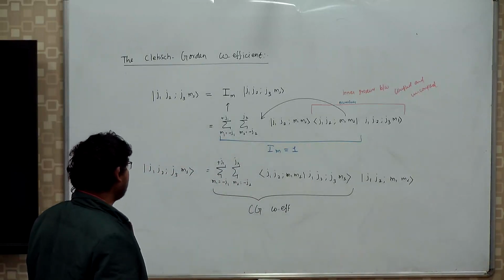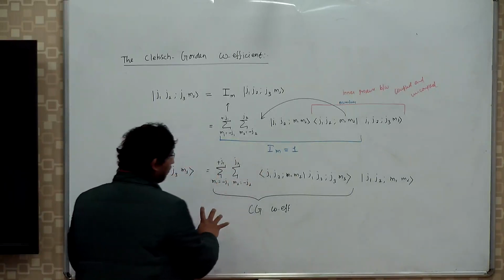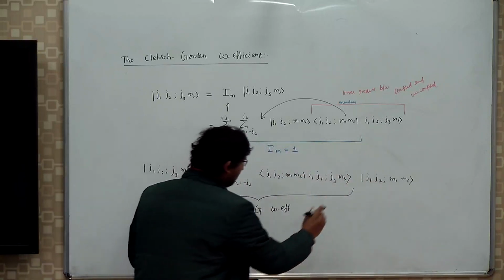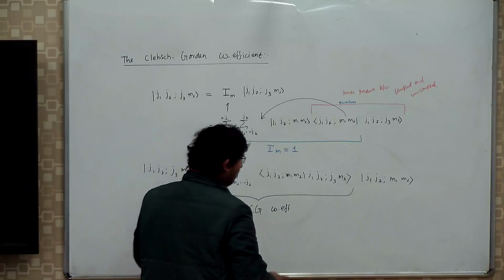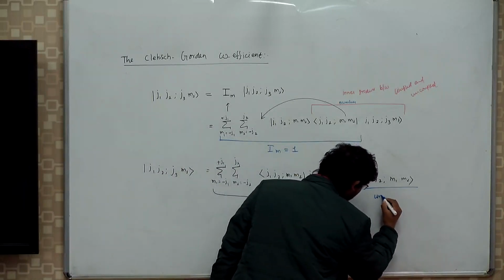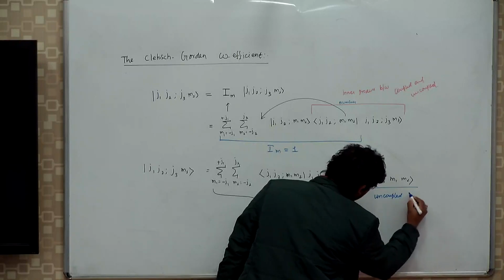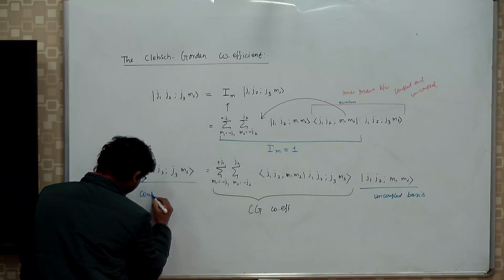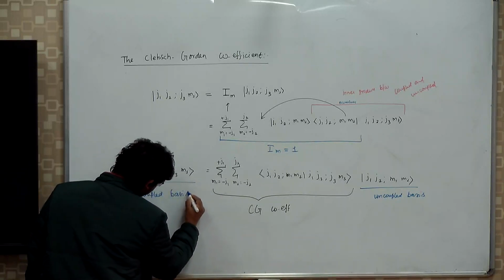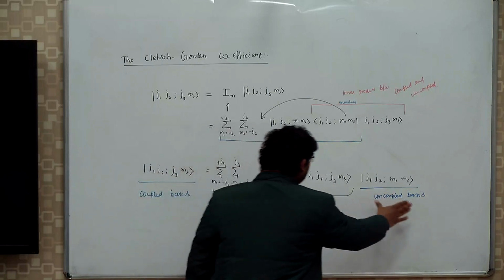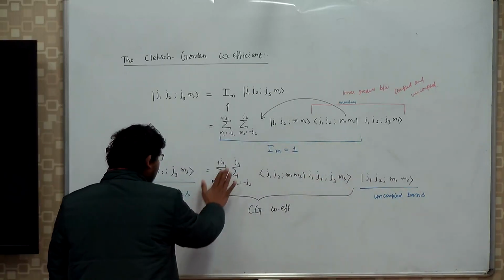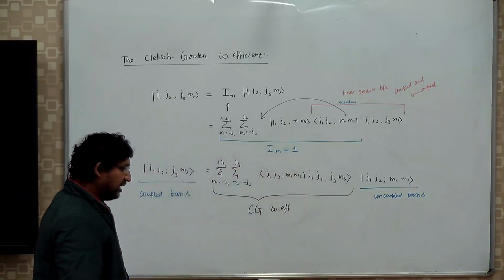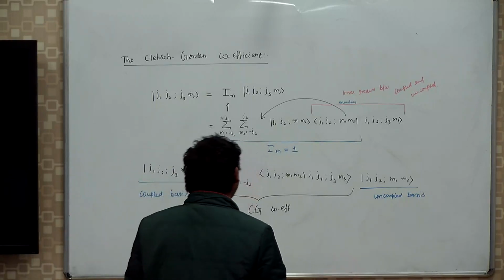This coefficient is the transformation term: transforming from an uncoupled basis to a coupled basis, a coefficient is required. That coefficient is called the CG coefficient, and it is in the form of a unitary transformation.